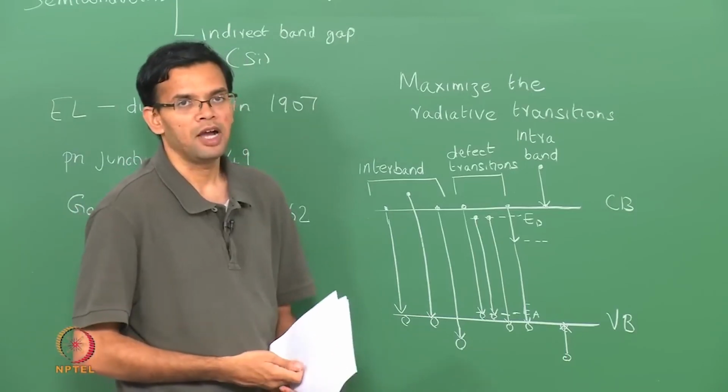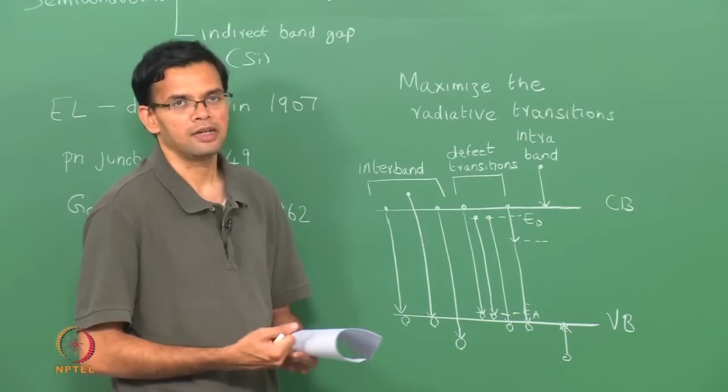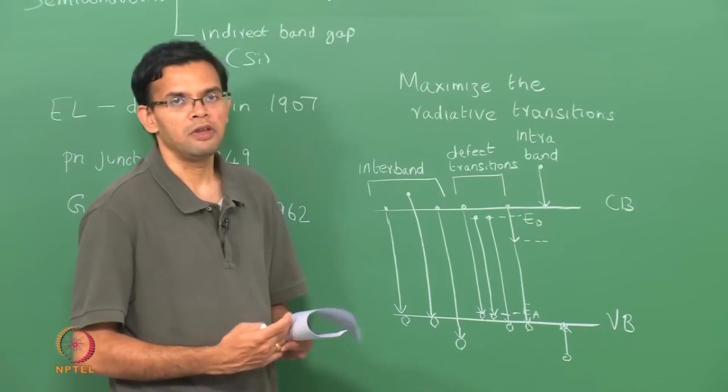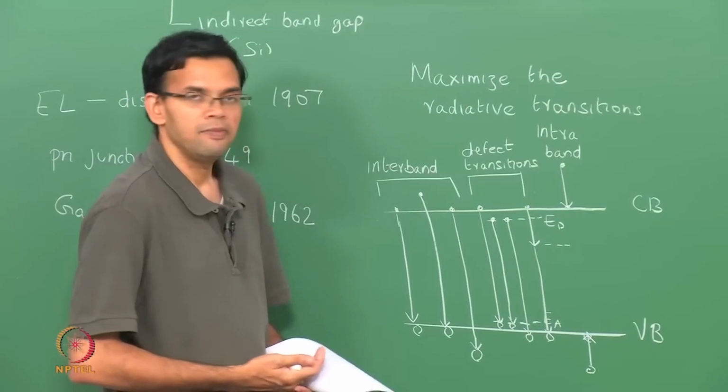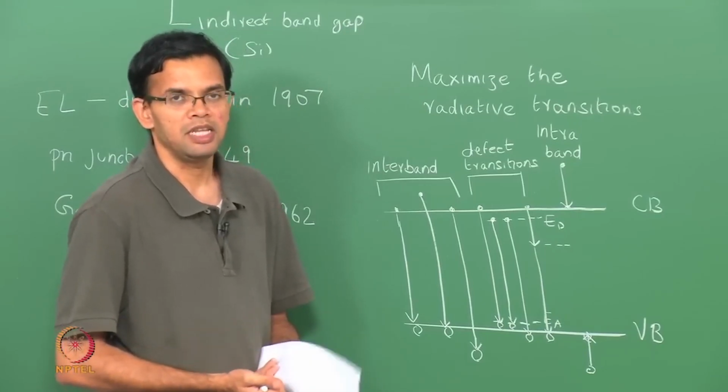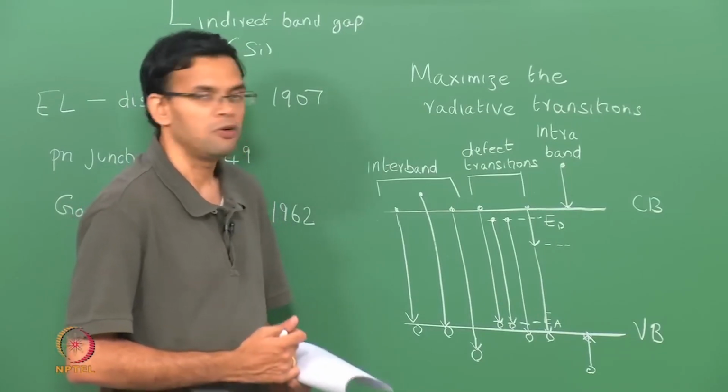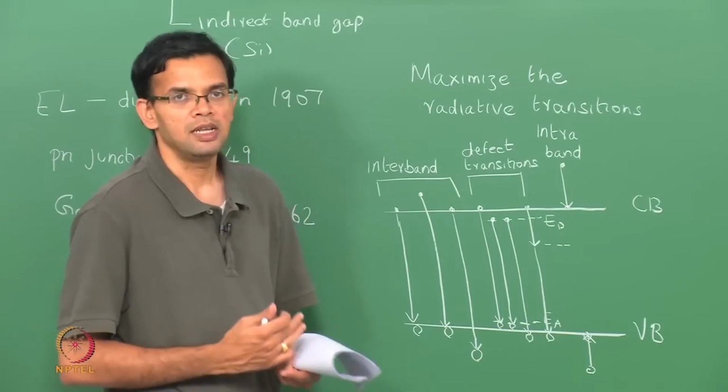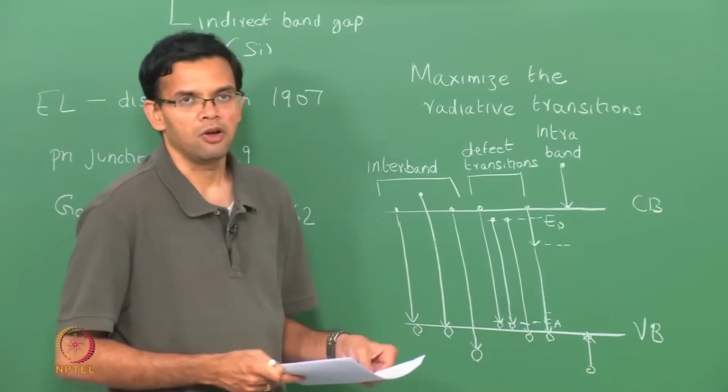For example, if you have defects, then defects could act as traps. So, ideally when we process the material for an LED, we have to make sure there are no defect states that can cause non-radiative recombination.